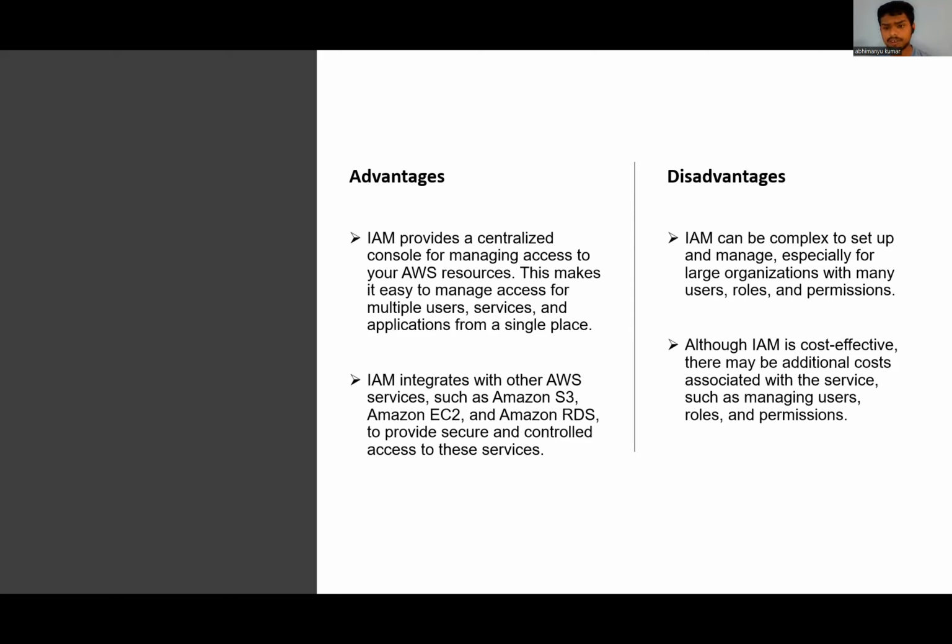There are some disadvantages also. If it's a big organization, then it may be difficult to manage all the roles, and sometimes it may be costly, like managing user roles and permissions. If we don't want these roles to work and we forgot to delete them, then costs will go high.